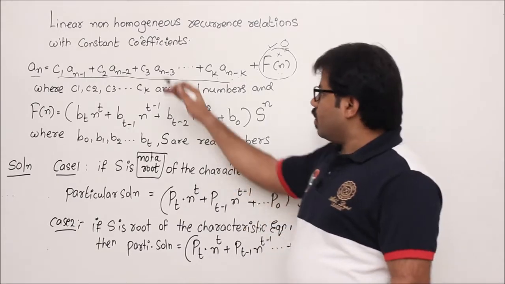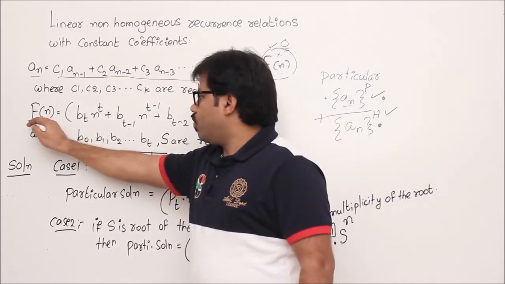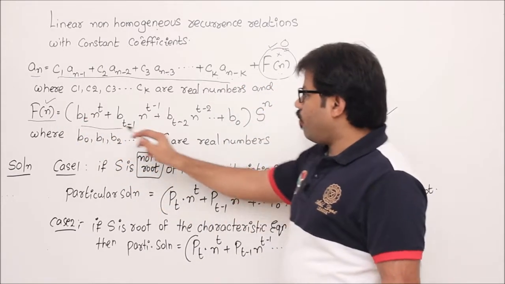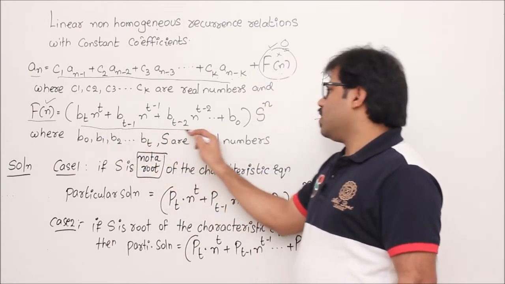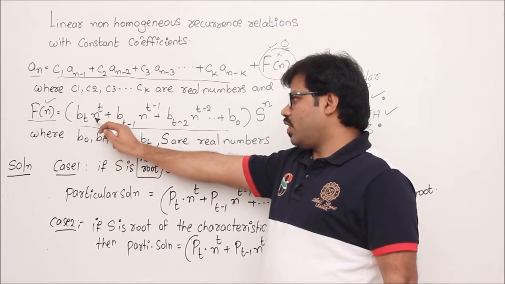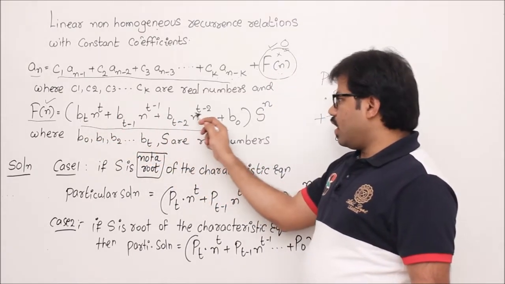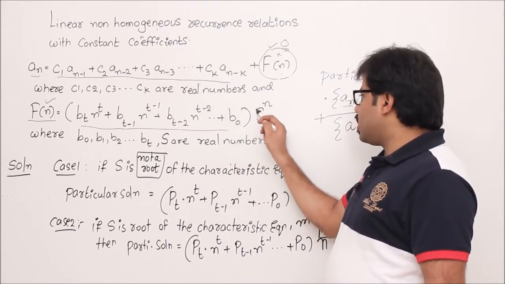Let's come to this formula. This is the solution finally. So f of n is in this form. If f of n is in this form, that means it's a polynomial, you see. Generally we write a polynomial in this way: some coefficient times n to the power t, plus some coefficient times n to the power t minus 1, and in that way, plus finally some coefficient, times s to the power n.